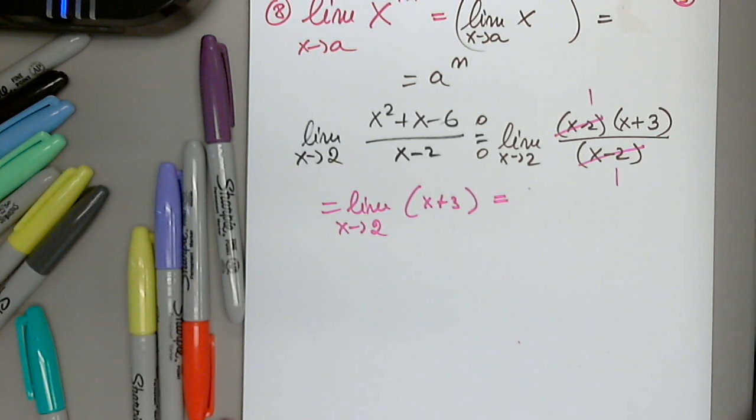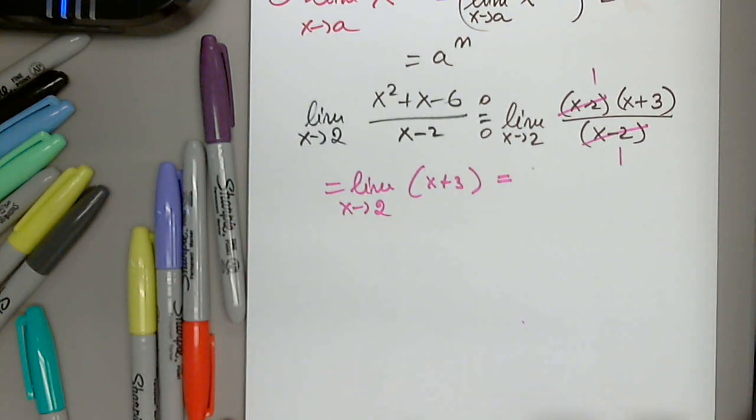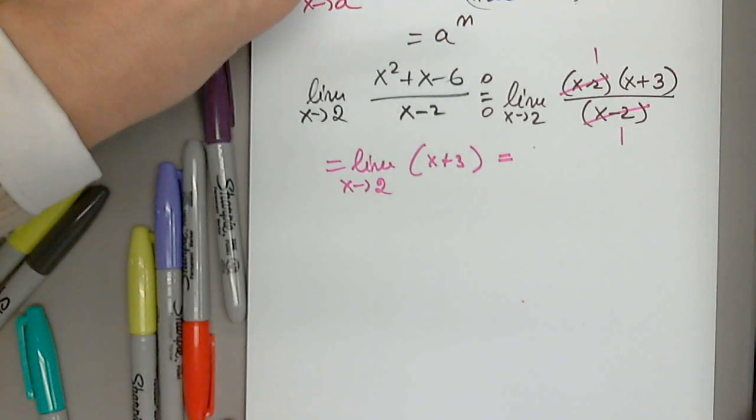I plugged in 2 top and bottom and got 0. That's why x minus 2 must be a factor of the top and the bottom, and the numerator has an extra factor of x plus 3. Okay, so after you give me the answer, we are going to write a theorem. What is the answer on this?